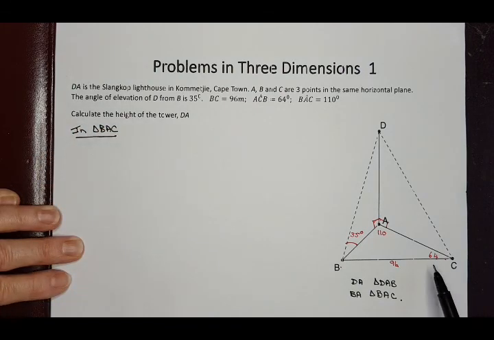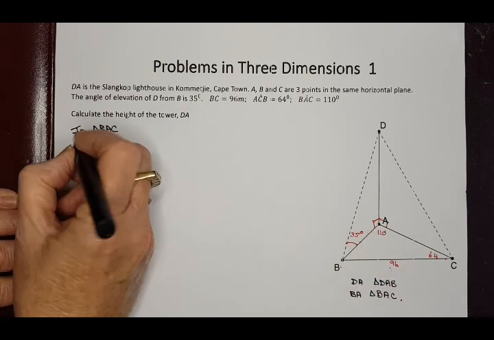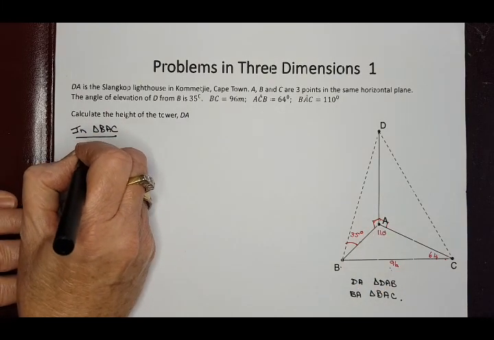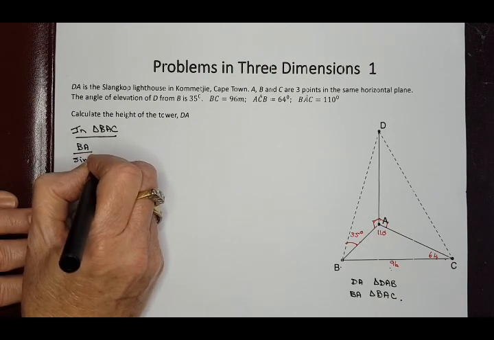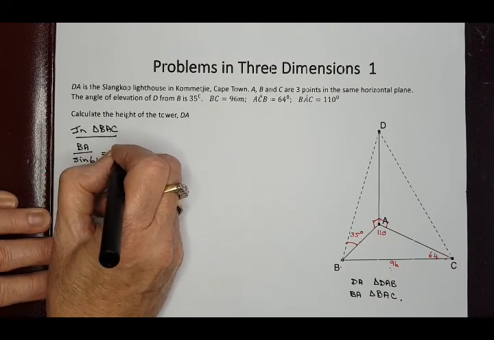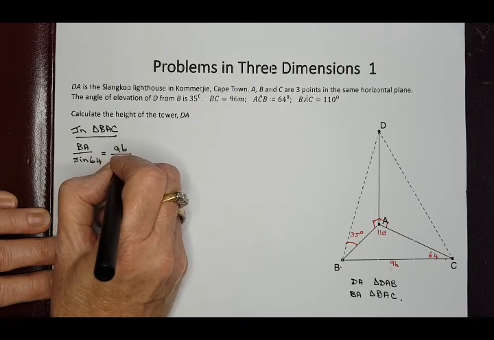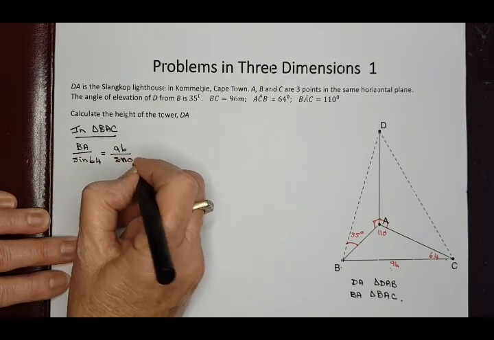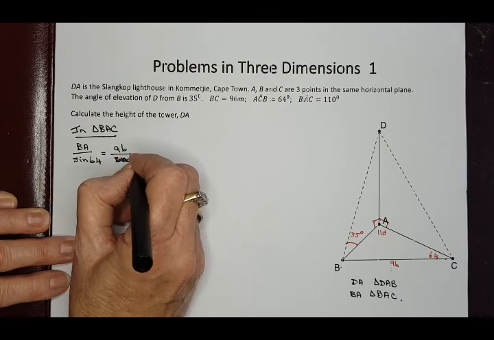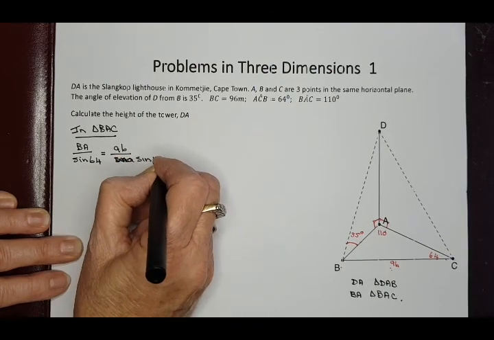If I look at this triangle, I've got this pair, a side and its opposite angle. I know that I can use the sine rule. I want to find BA, so I'm saying BA over sine of the opposite angle is going to equal 96 over sine of 110.